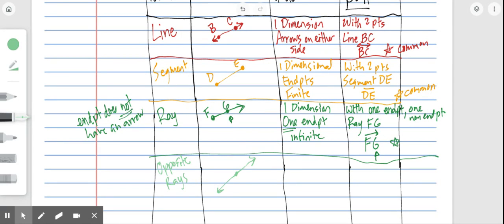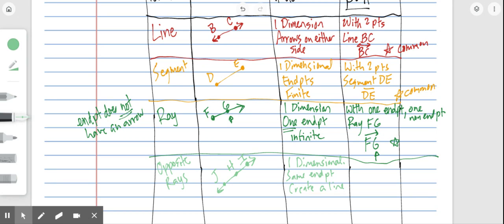So let's call this endpoint H, and we've got an I and a J. So the opposite rays are one-dimensional. They have the same endpoint. And notice they create a line. And they have to create a line. That's why they're opposite rays.